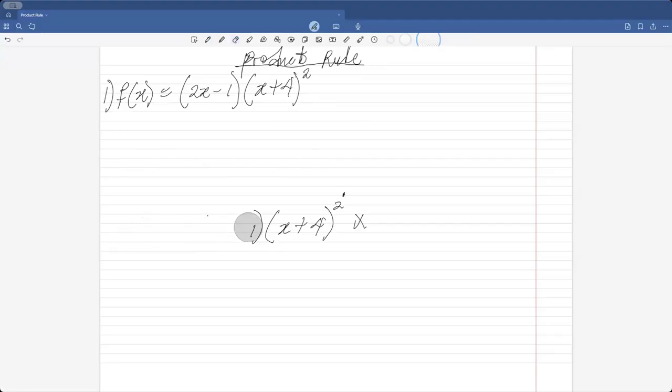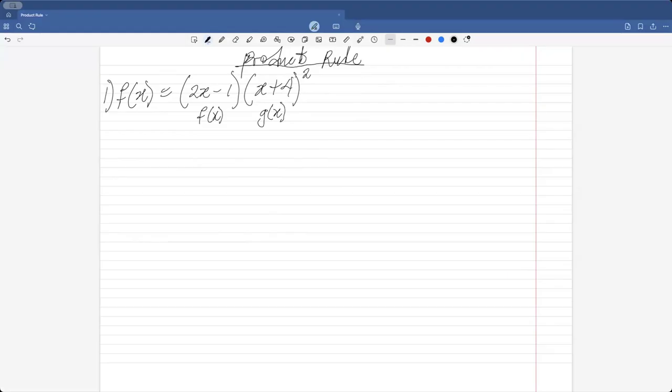So in the case of product rule, we have two functions in two parentheses as seen in this question here. The first function will be called f(x), while the second function will be called g(x).